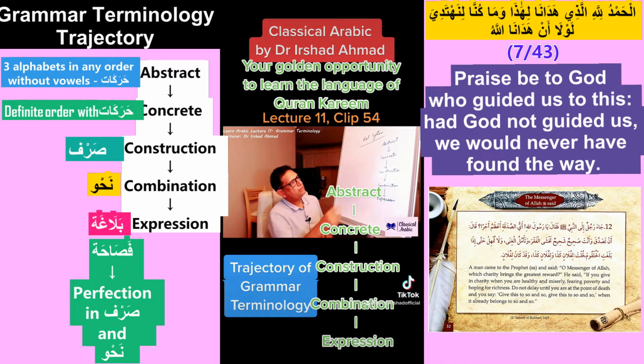And then we move on to making different words from that specific root, and then we put these words together, combine them to make sentences, and then how they are combined in a specific order to give a specific expression. That comes the final stage.